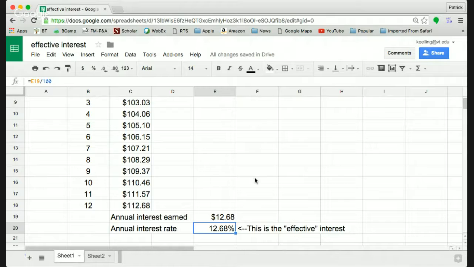This is the effective interest. So our nominal interest rate is 12%, the nominal APR, if you will. Compounded monthly, that turns out to be an effective interest rate of 12.68%.